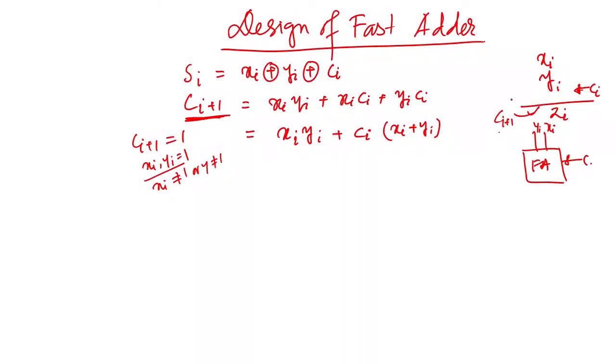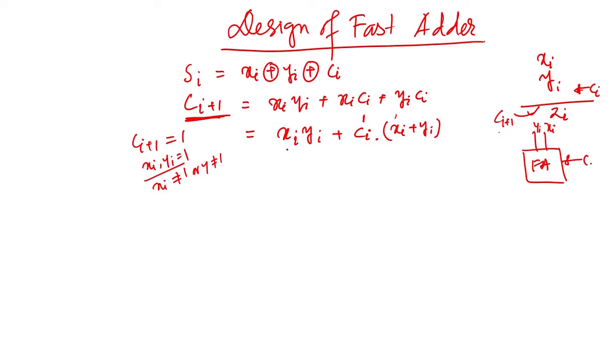Whether it will propagate or not depends on the values of Xi and Yi. If any one of the two inputs is 1, then only it will propagate, because then Ci plus 1 will be 1.